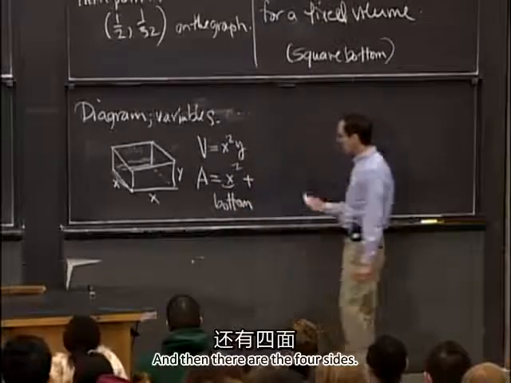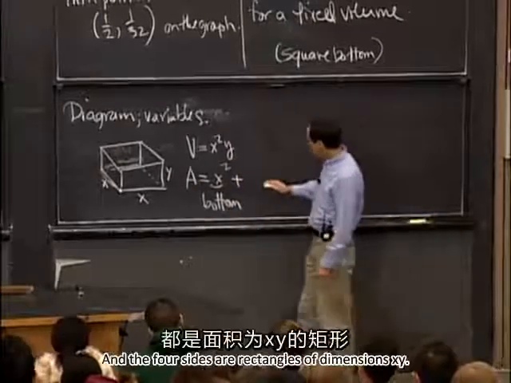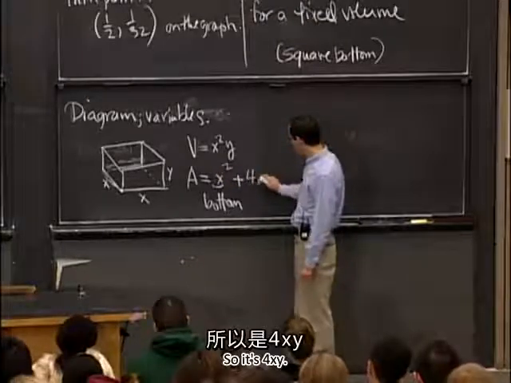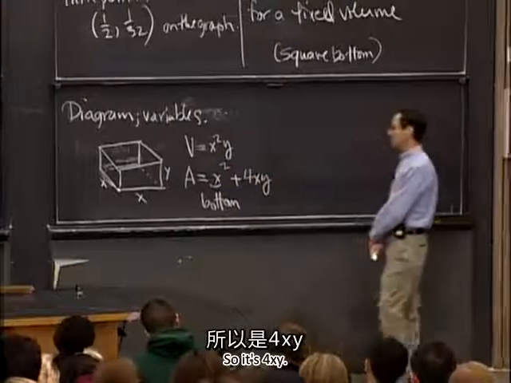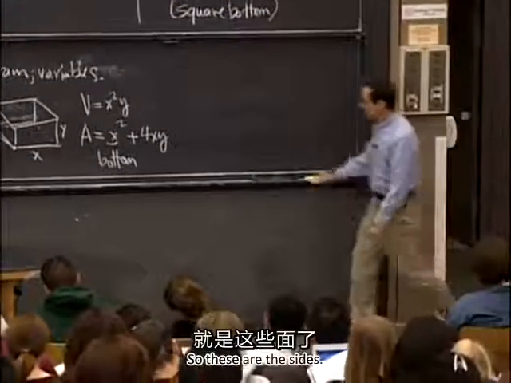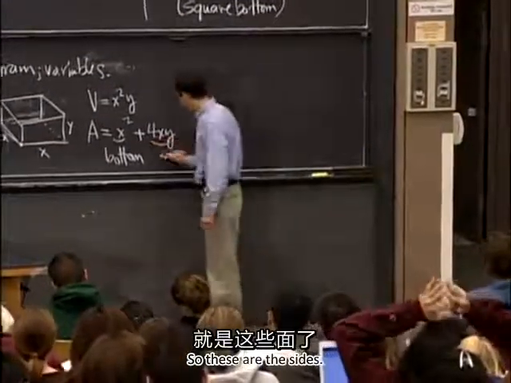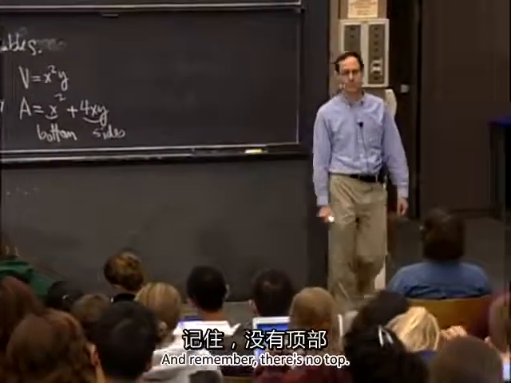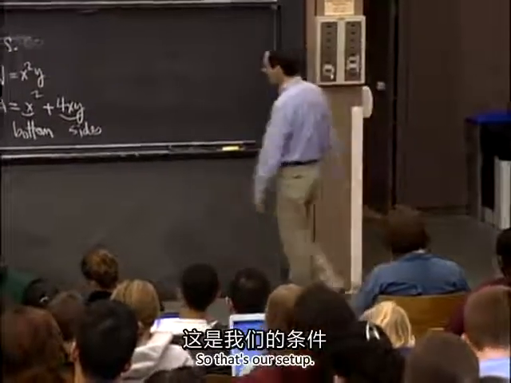And then there are the 4 sides. And the 4 sides are rectangles of dimensions xy, so it's 4xy. All right, so these are the sides. And remember, there's no top.